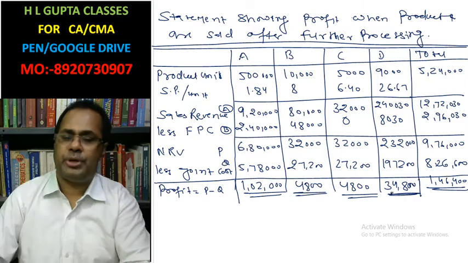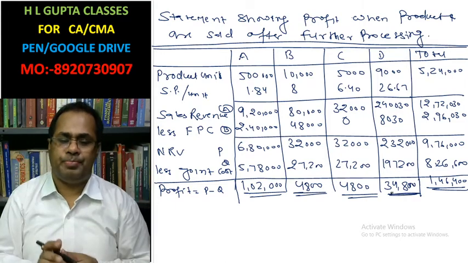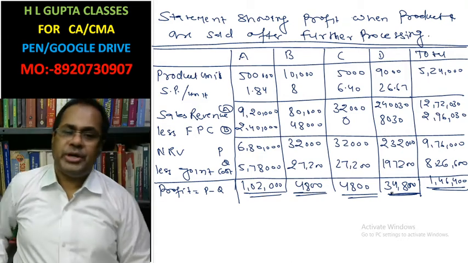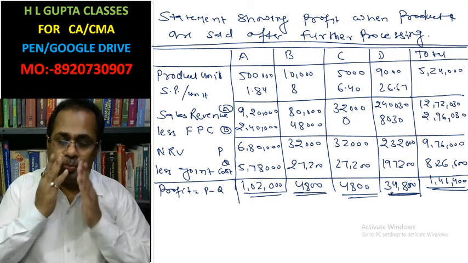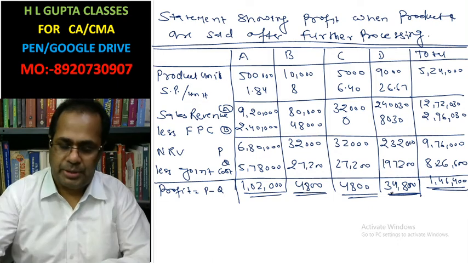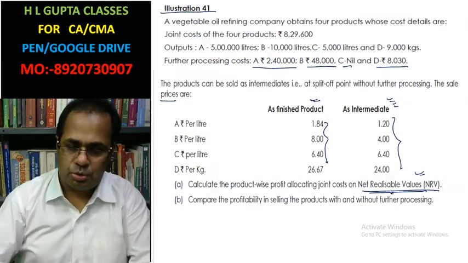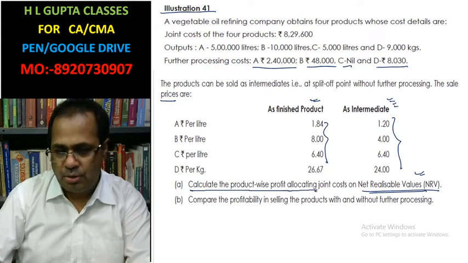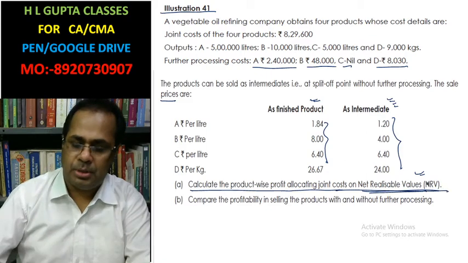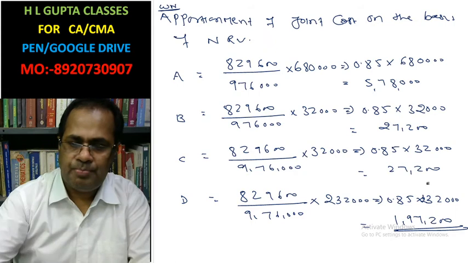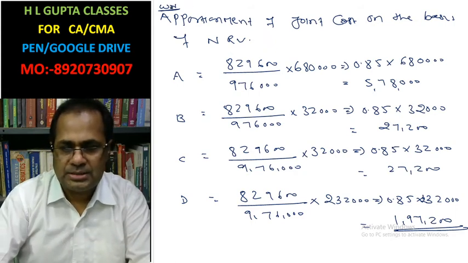These are the profits when products are sold after further processing. Now you need to calculate profit when products are sold at the split-off point. What was the question here? Calculate the product-wise allocation of joint cost by the net realizable value method. So this was the answer of the first part.